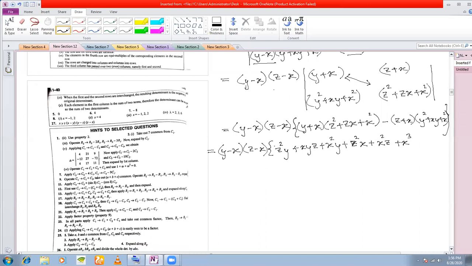Okay, all this minus y square z plus xyz plus x square z plus y square x plus x square y plus x cube.